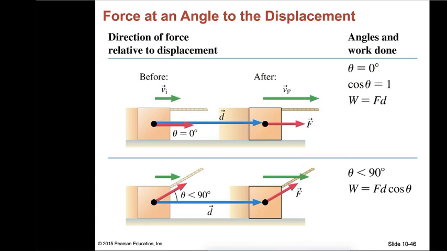Now let's see different types of angles. When the angle theta is 0, the force and displacement are in the same direction. Then cosine theta equals 1, and work equals Fd cosine theta, or Fd times 1, which is Fd.